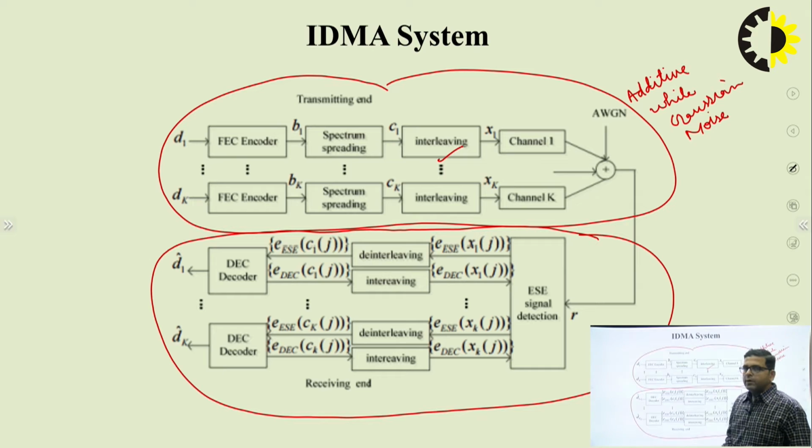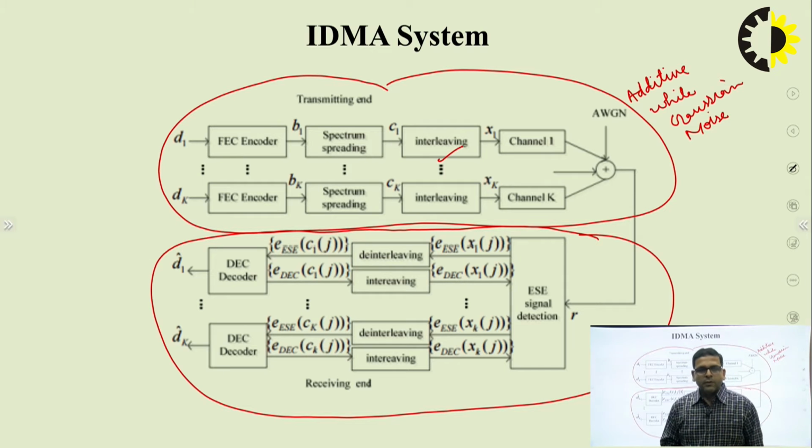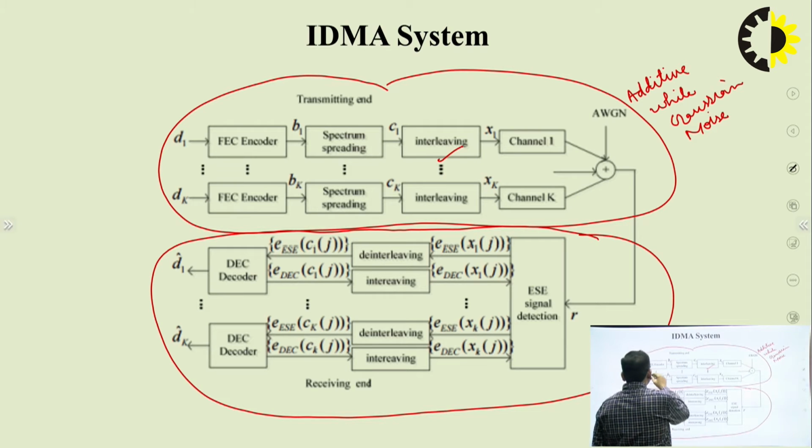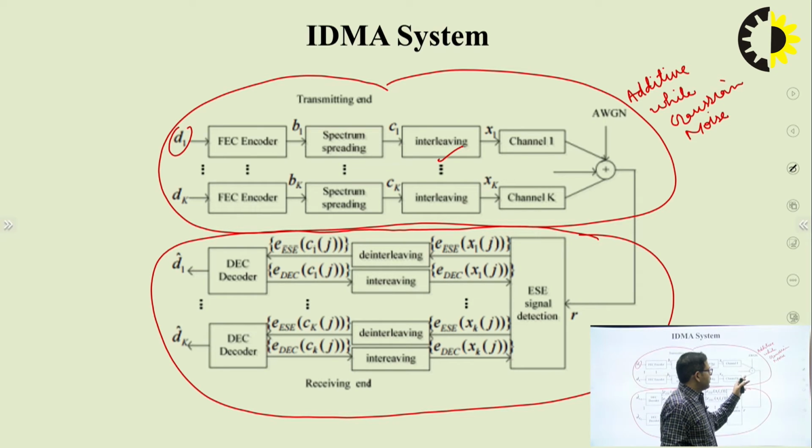In the interleaving block, we use different types of interleavers, and after interleaving, the signal is applied to the channel. This process is applied to all the symbols which the users want to transmit. After application of all these processes, the information is combined and transmitted on the channel.